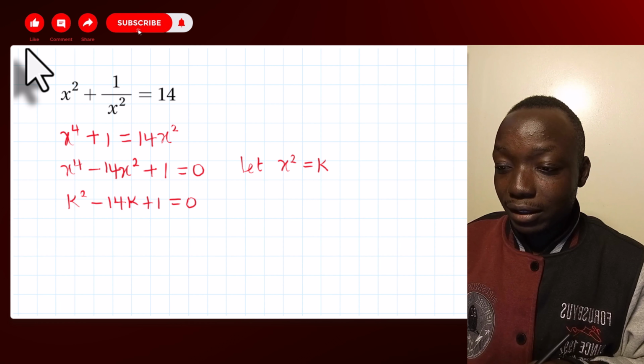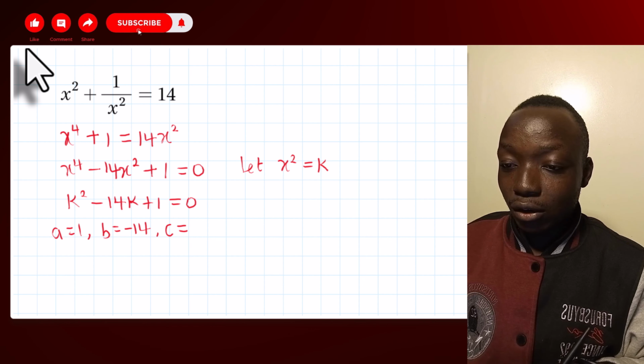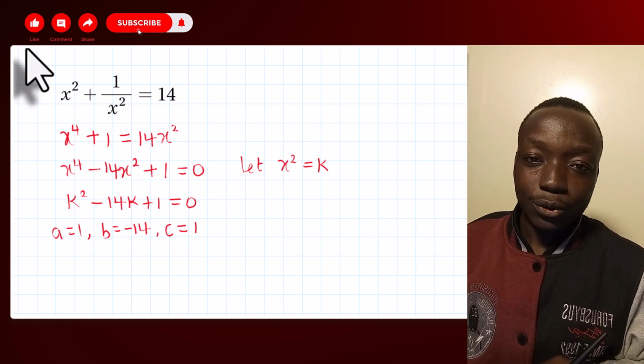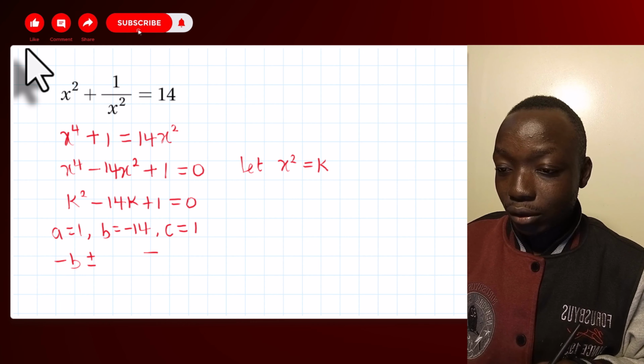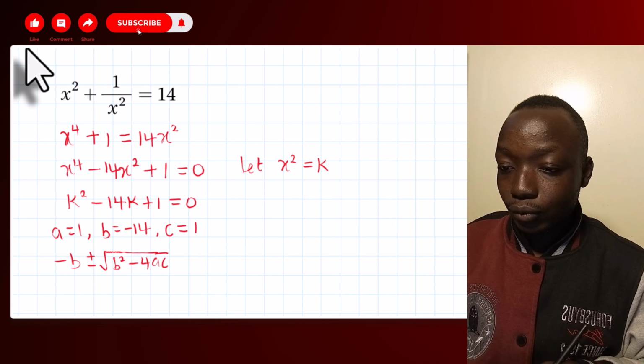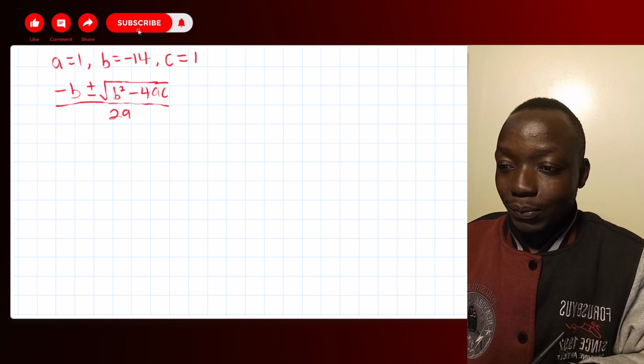So we have that a is equal to 1, b is equal to negative 14, c is equal to 1. And of course, we know the general quadratic formula, minus b plus or minus the square root of b squared minus 4ac, everything divided by 2a. Now let's substitute.